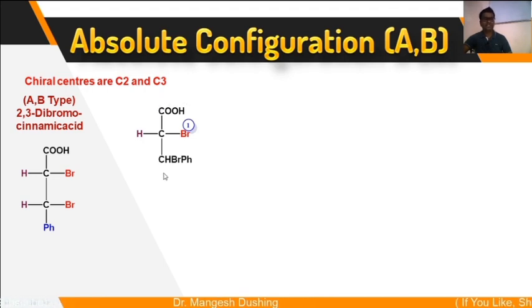Here the next 3 atoms are Br, carbon and hydrogen. So oxygen and Br, whose atomic number is higher? Br. So the second priority group is at the bottom, while COOH will get the third priority and hydrogen as usual fourth priority group.